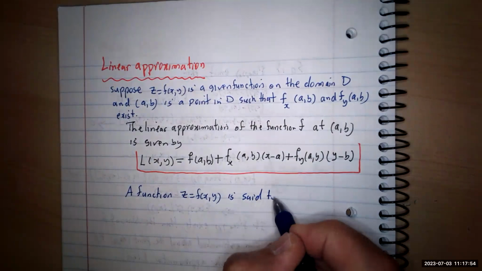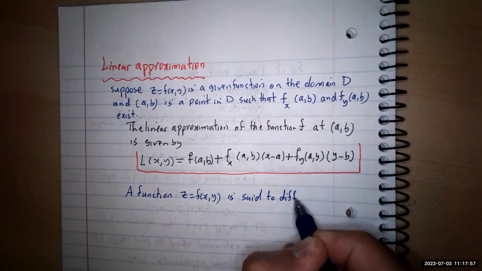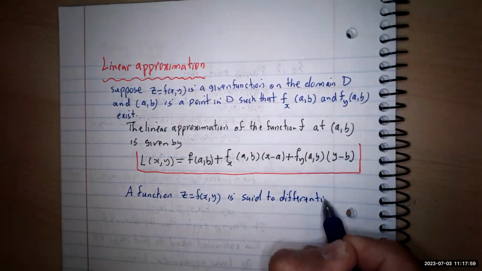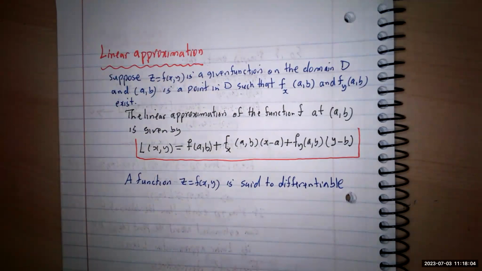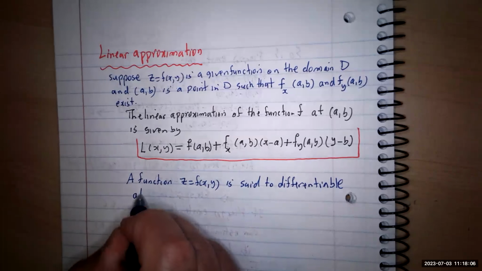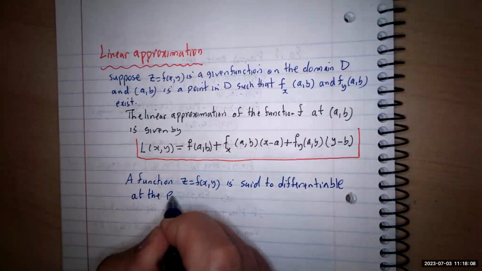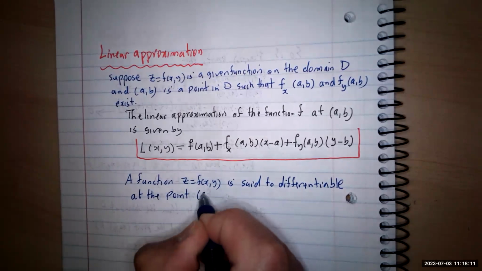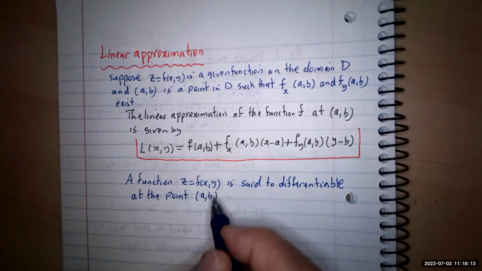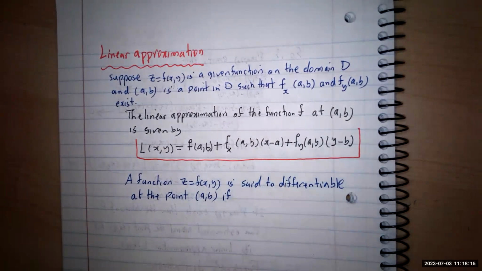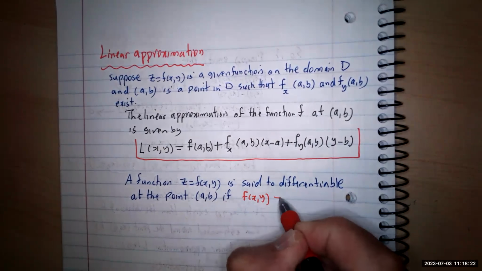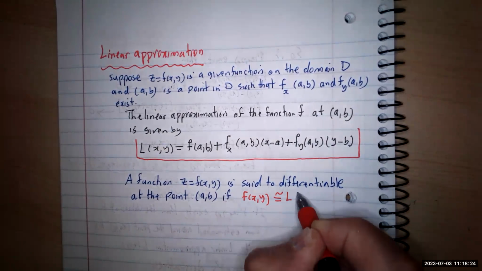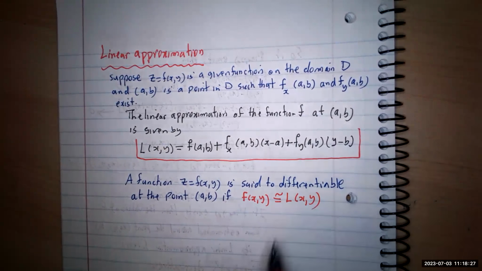Just use this as a definition. The function is said to be differentiable at the point (a, b) if the value of the function can be approximated by its linearization.